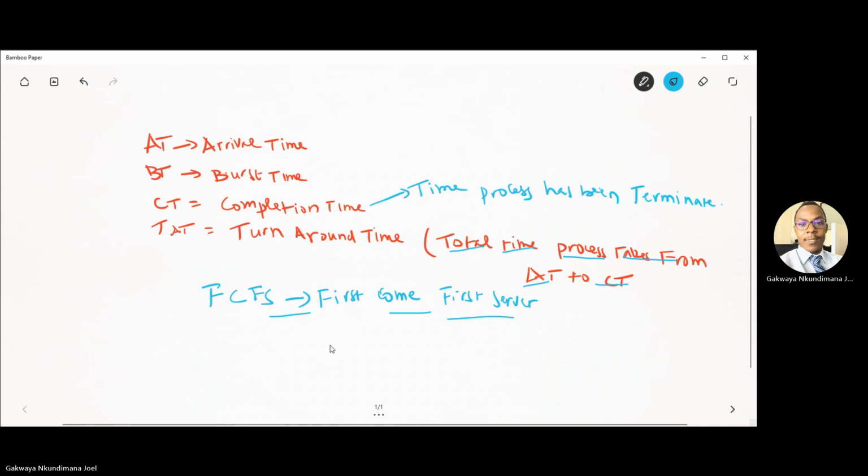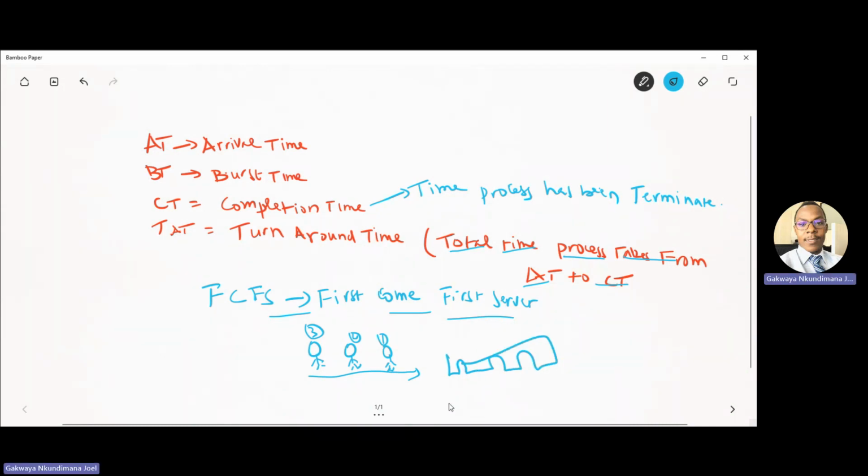Let's take an example. We have people standing in a queue, right? The queue is for people who want to board a bus. The first person came first, then the second person.